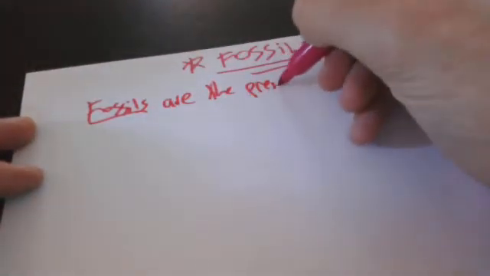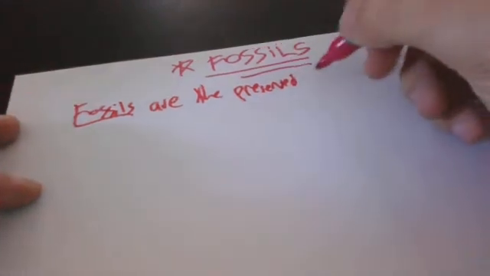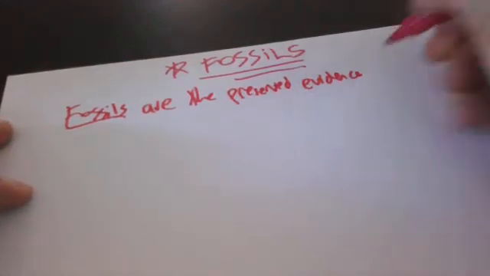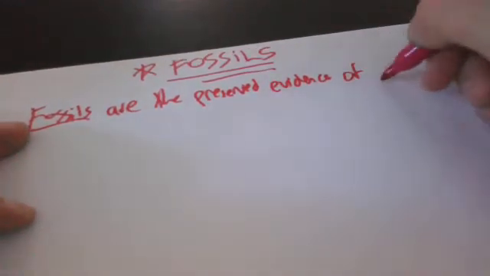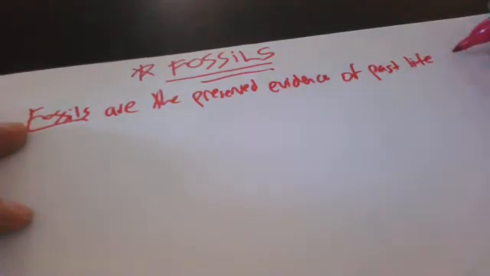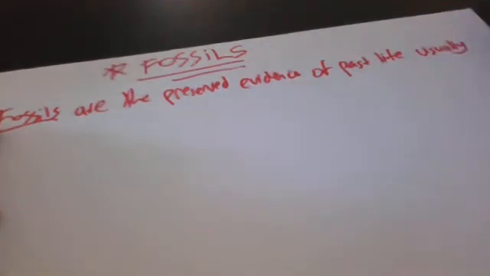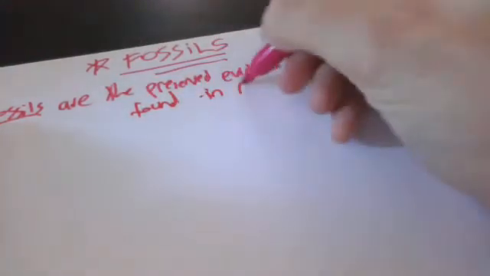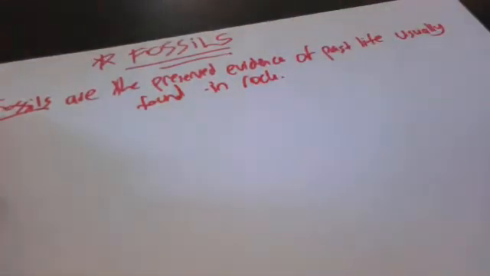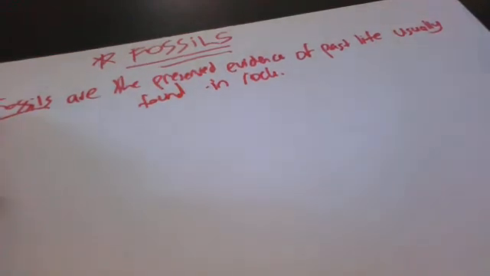Now, fossils, by definition, they're the preserved evidence of past life, usually found in rock, special types of rock, okay? And that can be the actual remains of organisms, so it could be insects trapped in a type of sap, right? Could be different parts of an organism like teeth and bones, right?